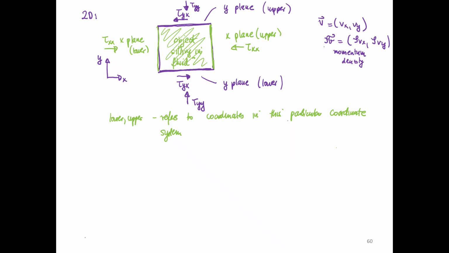Lower. So this is where I'm going to make that stress point in a positive y direction, when my fluid is in the lower x coordinates. And again, it's a convention. So that is my tau xy. And here it's acting in the opposite direction because my fluid is in larger x coordinates.